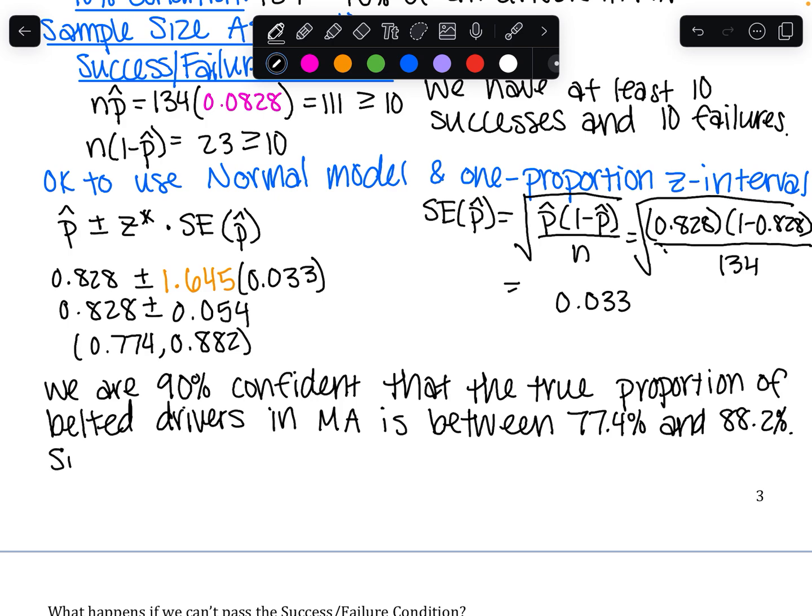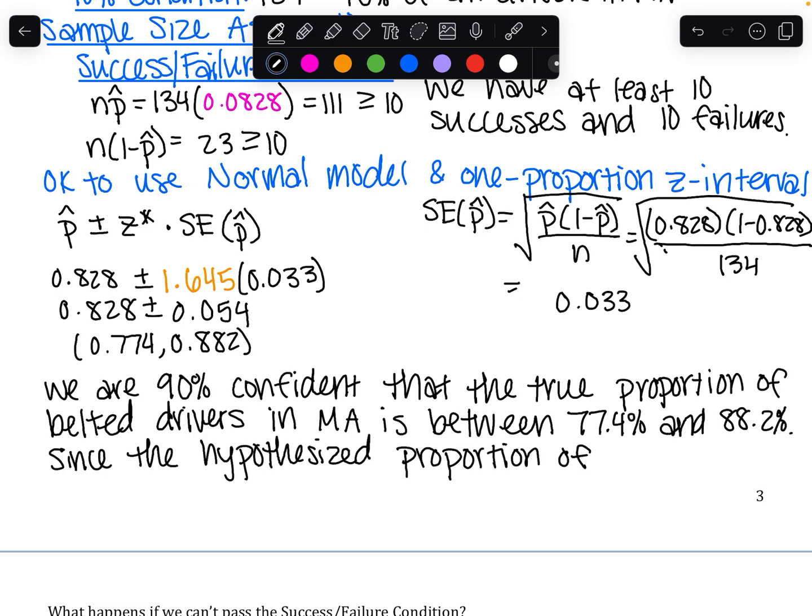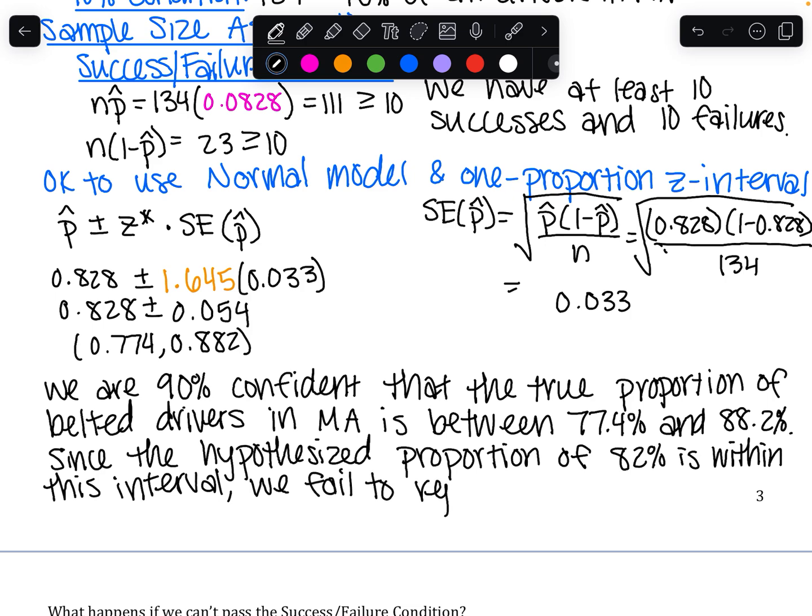So we will write, since the hypothesized proportion of 82% is within this interval, we fail to reject the null hypothesis.